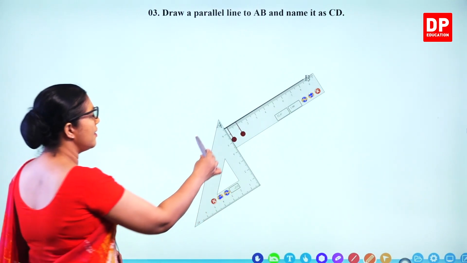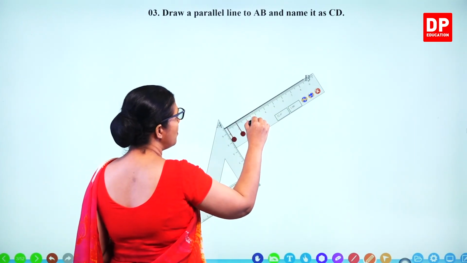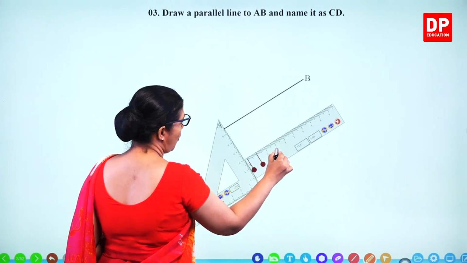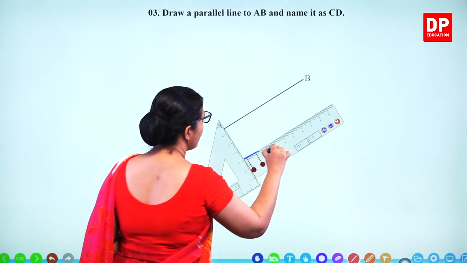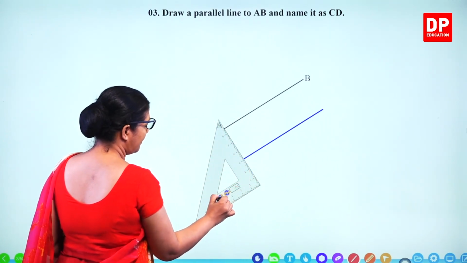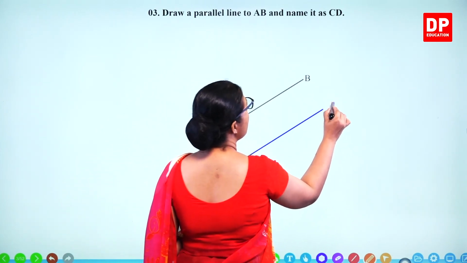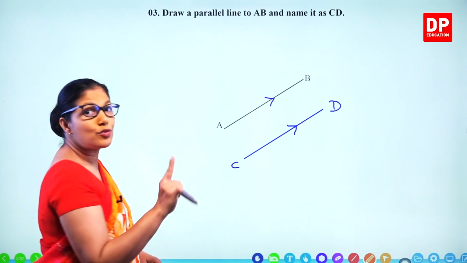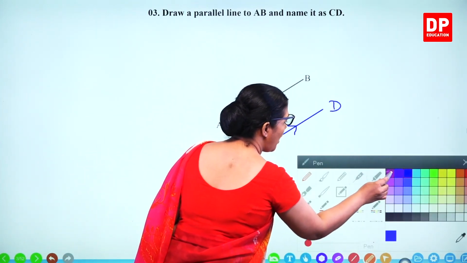On this line. Now this is perpendicular. So you can drag the ruler any place here and draw a parallel line. I can draw here. So this line is parallel to AB. CD you can mark with an arrow. The two lines are parallel. So you get 2 marks for that.